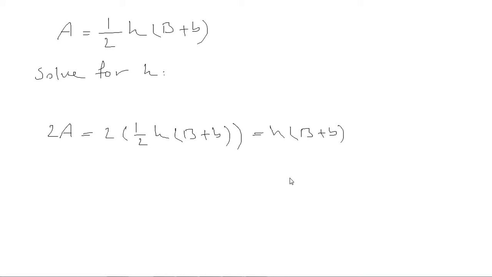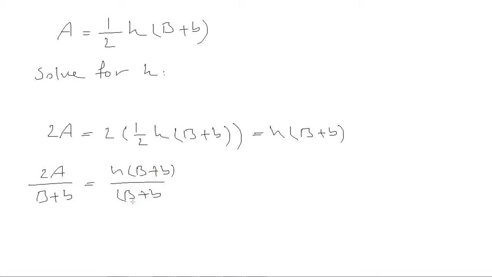And then my next step would be to divide both sides of this equation by B plus b so that h is completely isolated. So I divide both sides by B plus b. I get 2a over B plus b equals h times (B plus b) over B plus b.